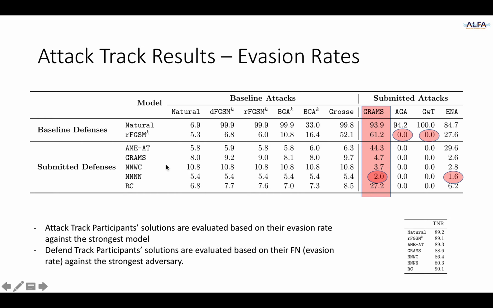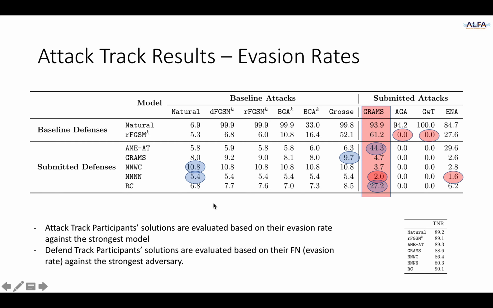For this, we would like to assess how robust these models are against the attacks in terms of evasion rates, and so we rank them based on their worst evasion rates. For example, for this model and the rest of the models, the worst evasion is 44, and in the case of Grams it is 9.7, 10.8, and the rest goes on.